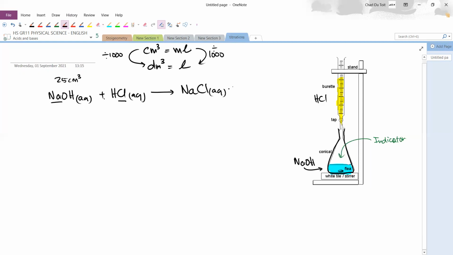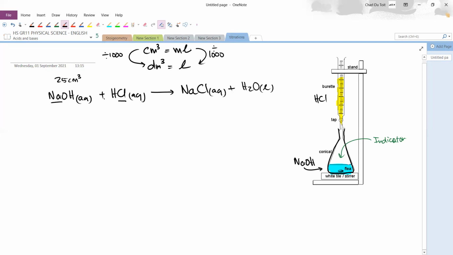Then the remaining H goes to water. So what you can do if you struggle, just take the water away, and then what remains will react with one another. So acid and a base gives me salt and water. Sodium chloride is just table salt.